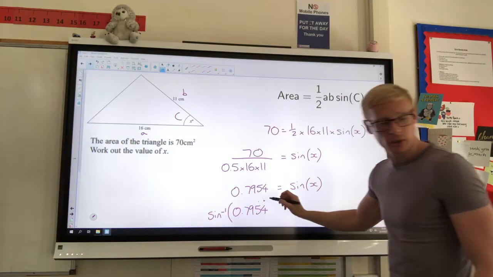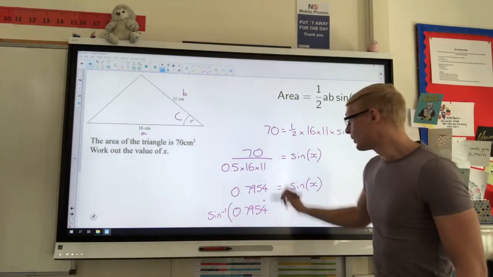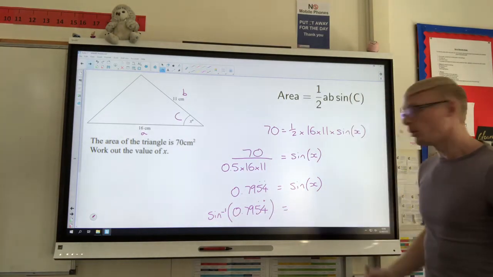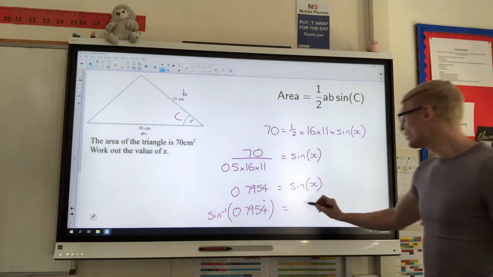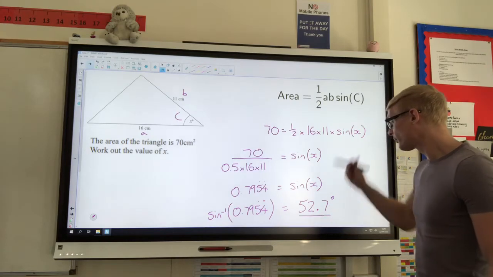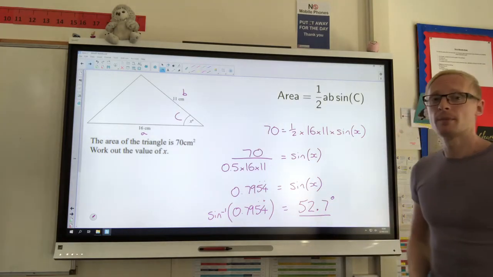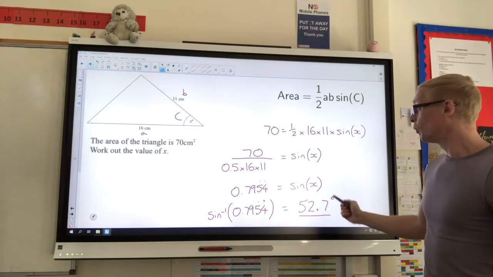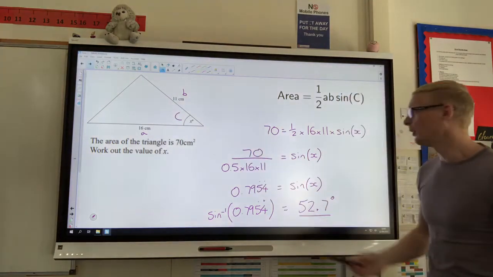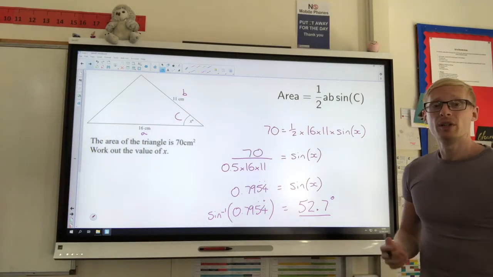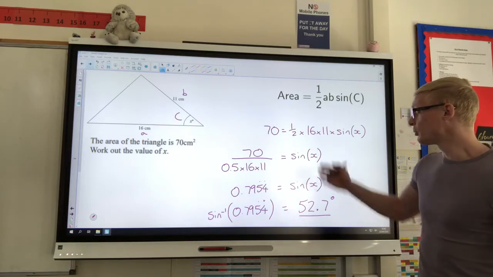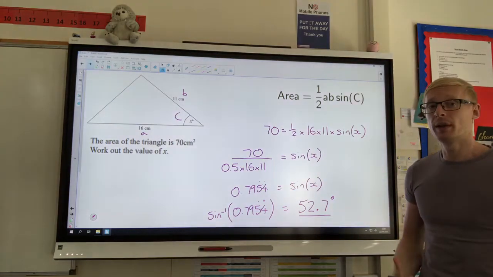I think they're recurring, so it's safer to use your answer button, but you type sine to the minus 1 of that number in, and you'll get 52.7 degrees to one decimal place, or to three significant figures. So that's going to be your answer. Again, it's important to understand what we've found there. So we found an angle, that's why there's degrees on the end there. So I need you to make sure you've copied that down. You might want to pause it, rewind it, just make sure you understand step by step what we're doing there.